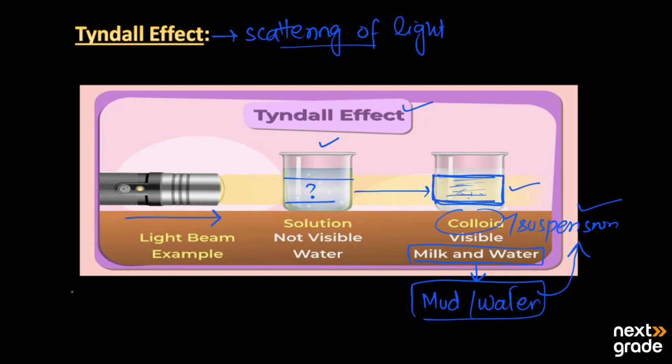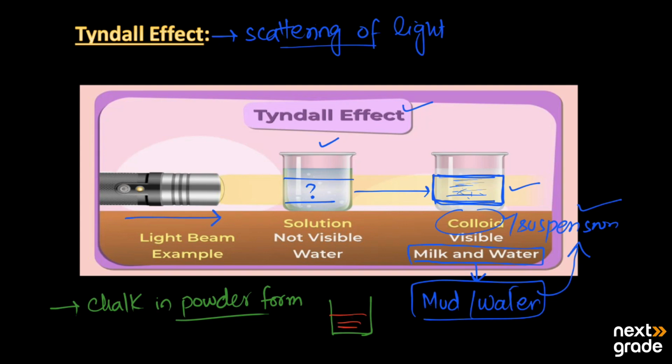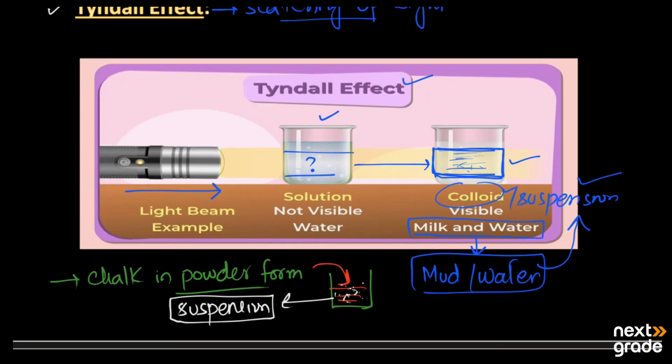A very simple example: if we have chalk in powder form and we add it to water, so we have water and we added the powdered chalk in it, this is a very simple example of a suspension. So suspensions can scatter light and colloids can also scatter light. This process is known as the Tyndall effect.